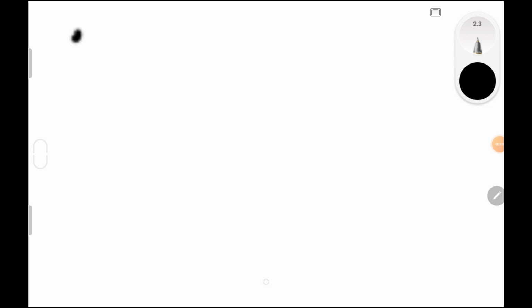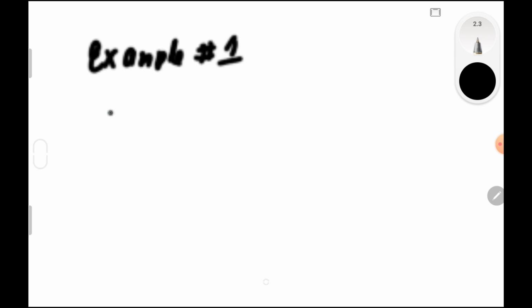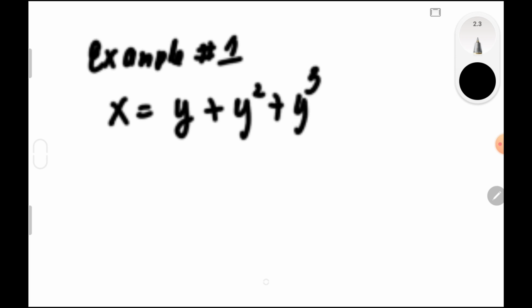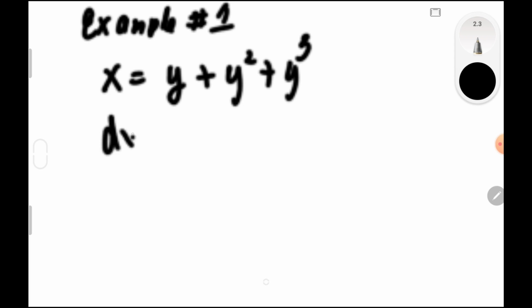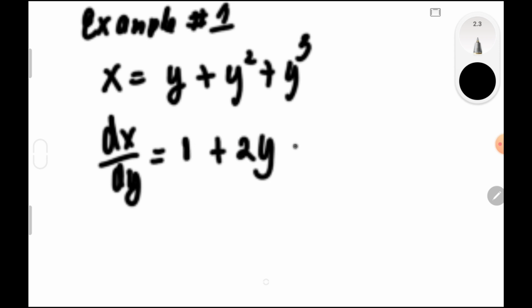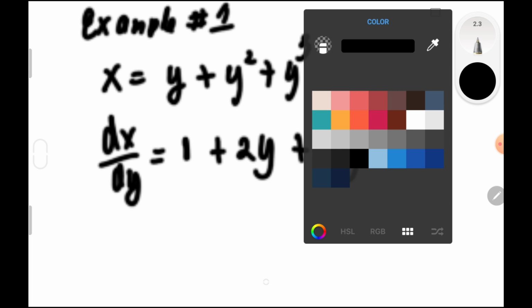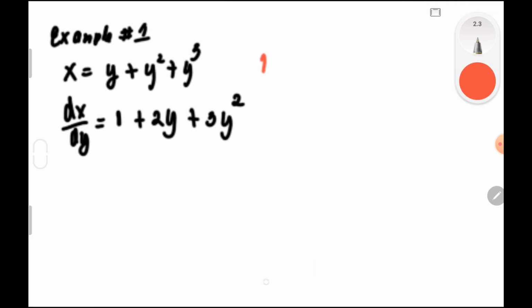Okay, let's have example number 1. Let's have x is equal to y plus y squared plus y cubed. Directly differentiating dx with respect to dy, the derivative of y is 1, the derivative of y squared is 2y, and the derivative of y cubed is 3y squared. Note that I used the power rule, n times u raised to n minus 1 times du over dx.